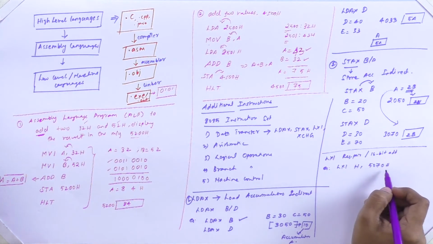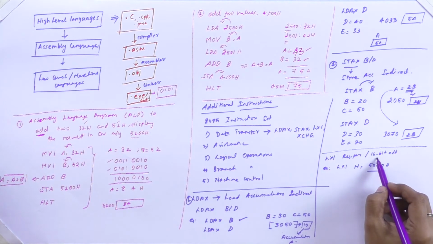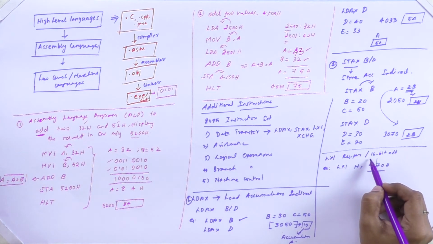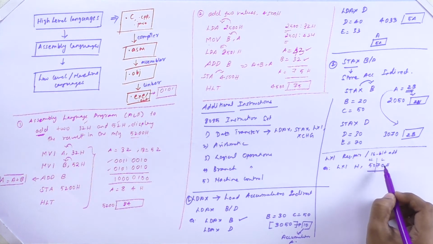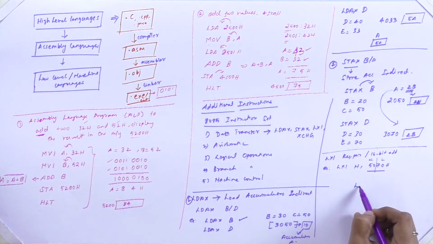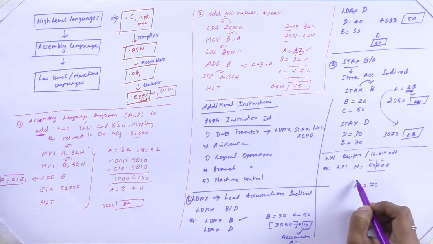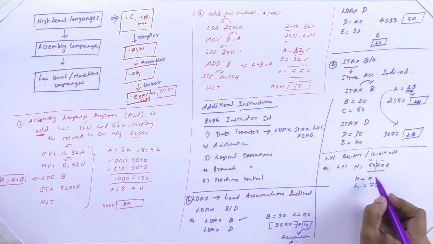If you execute this instruction, then the 16-bit value will be divided into two parts as higher order address and lower order address. This lower order address will be copied to the L register and this higher order address value will be copied to the H register.